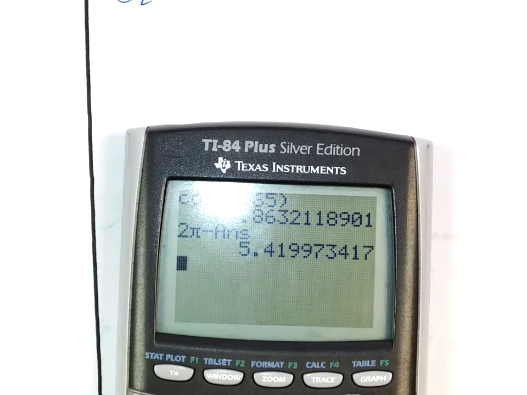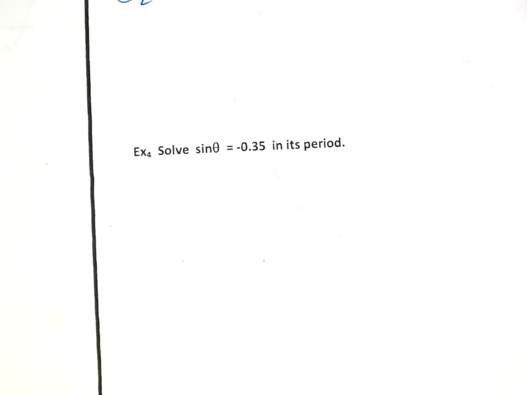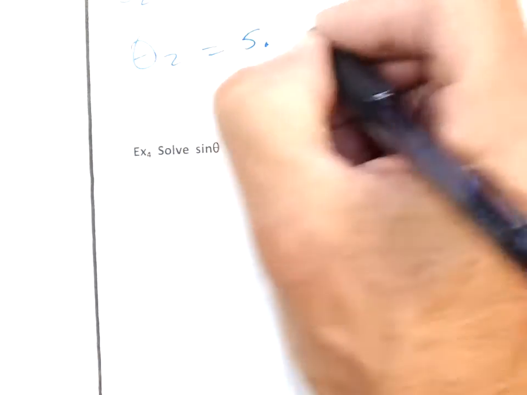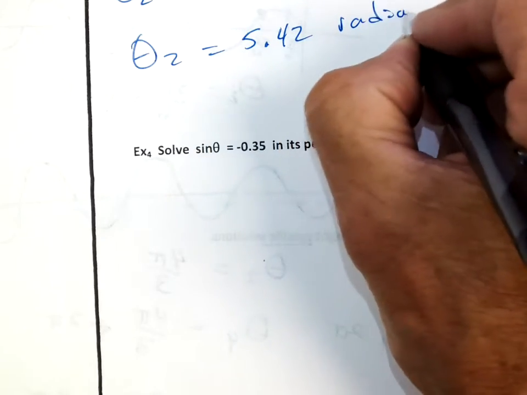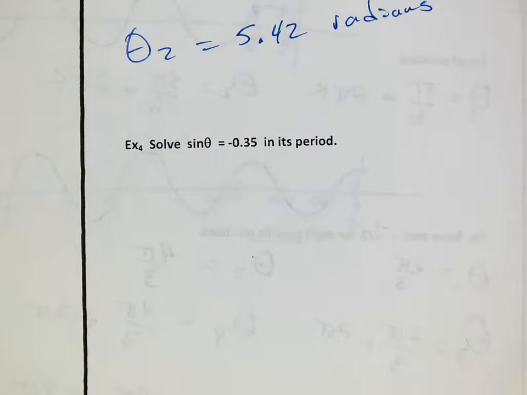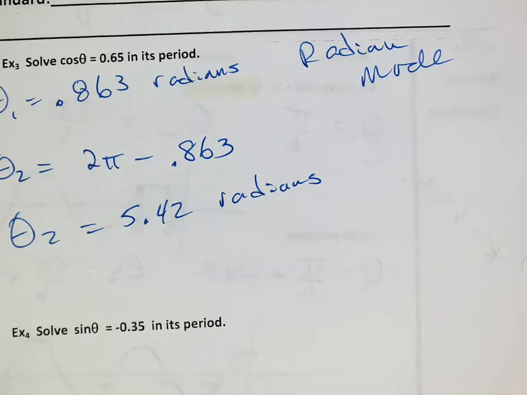There's my answer. 5.4, let's say 5.42, okay? So theta 2 is about 5.42 radians, because it is an angle. I know it looks like a decimal, but it is an angle, right? Not that bad, right? You guys agree? Not that bad? Hopefully not.